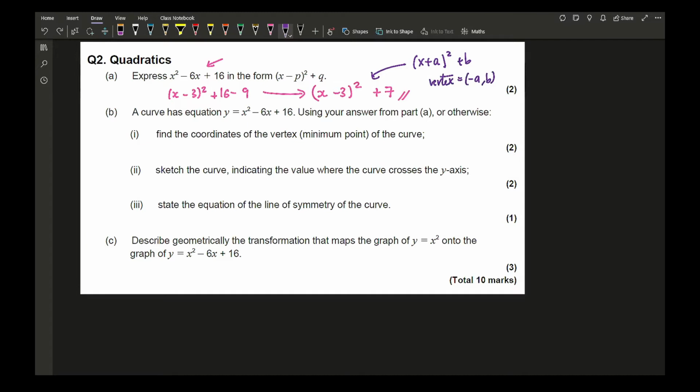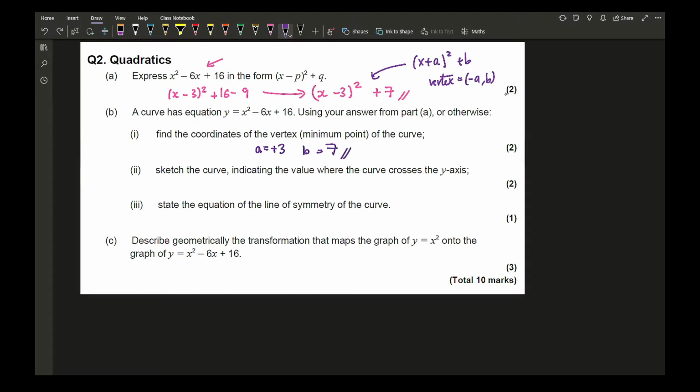So for this, where is the vertex going to be? Well, if a is positive here, then a is going to be negative here. So a equals minus 3, so it's going to be plus 3, and b is going to equal 7.